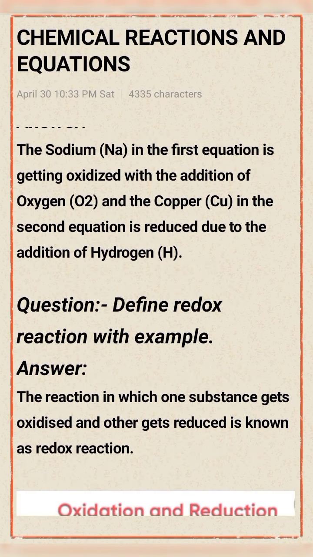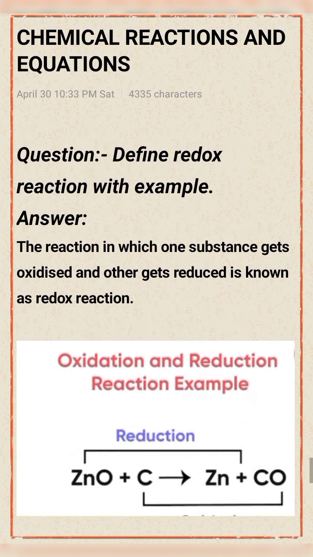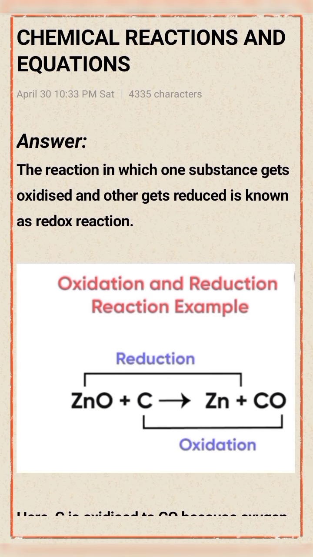Next question, define redox reaction with example. The reaction in which one substance gets oxidized and the other gets reduced is known as redox reaction. Example, ZnO plus C form Zn plus CO, that is zinc oxide reacts with carbon to form zinc plus carbon monoxide.